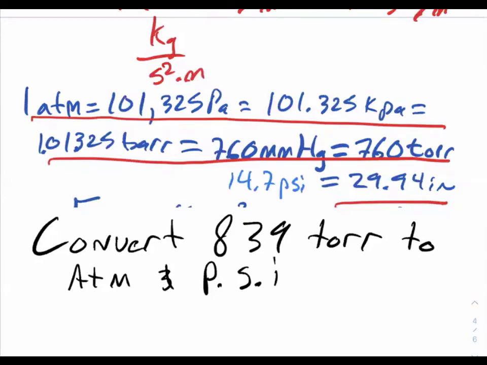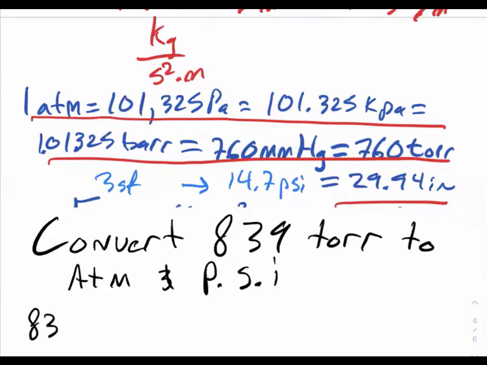All of the other units are the atmospheres, the Pascal, the kilopascal, the bar, millimeters of mercury, torr, and even inches of mercury. Those are all exact because those are exact conversions from the metric system. But the PSI is a 3 sig fig approximation between them, right? So if I convert from any one of those other units to PSI, then I have a sig fig issue. Let's do the first one.